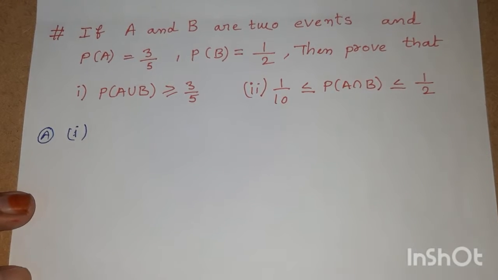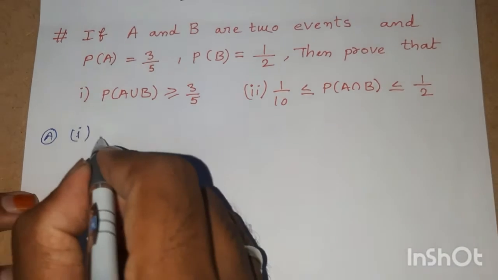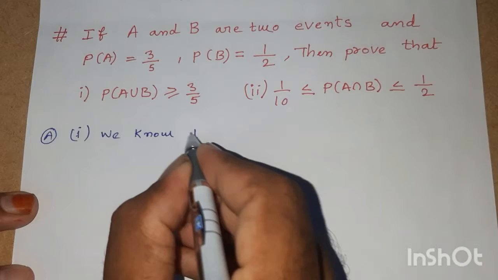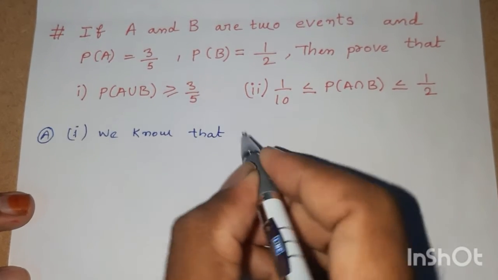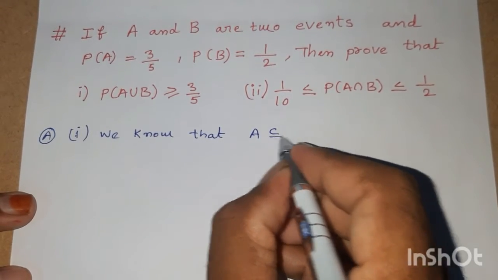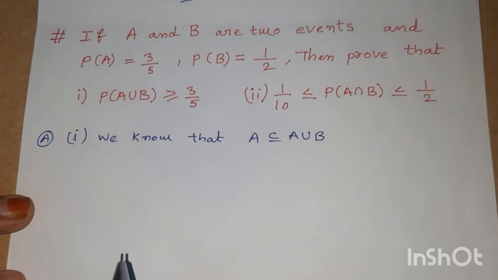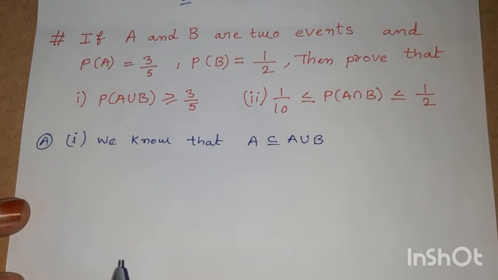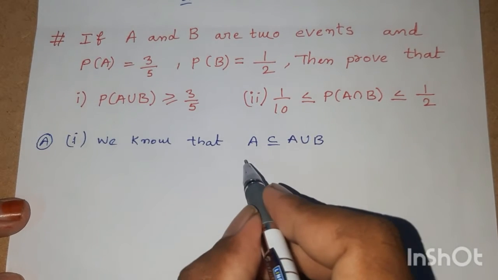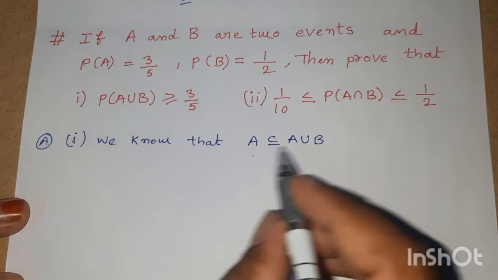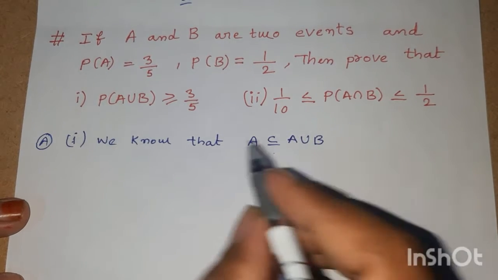Given that A and B are two events, we know that A is contained in A ∪ B. This is always true for any sets A and B. By a theorem we have already proved that whenever A is contained in B, P(A) is less than or equal to P(B).